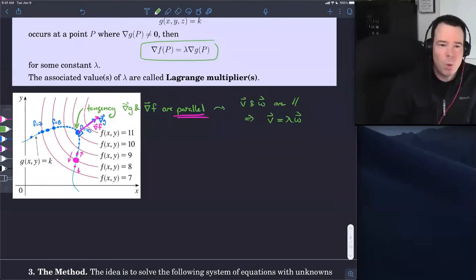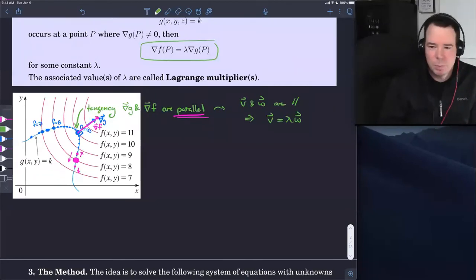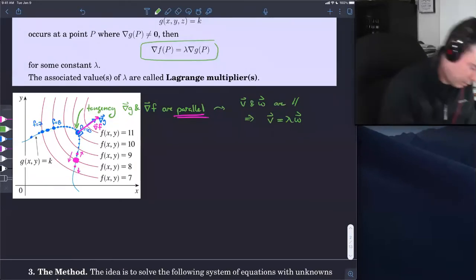So three points are collinear if they live on the same line. And parallel is really the corresponding concept for vectors. Vectors are parallel if one is a multiple of the other. Does that make sense? Yep. Okay. Thank you. You're welcome.